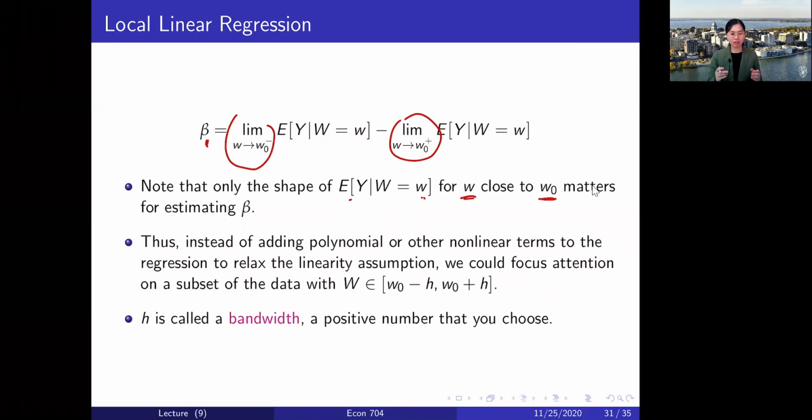For W that's not close to W0, the values of E[Y | W = w] at those points do not affect the limits at all. So only the shape of this conditional expectation function close to the W0 value matters for estimating beta 1.